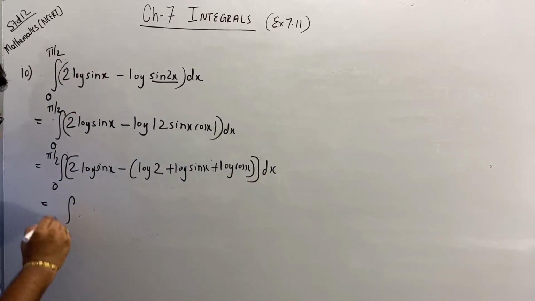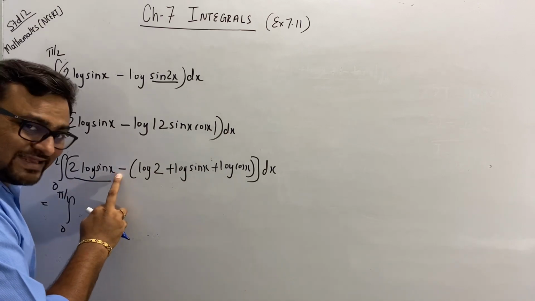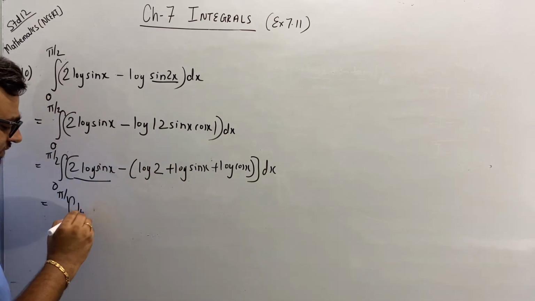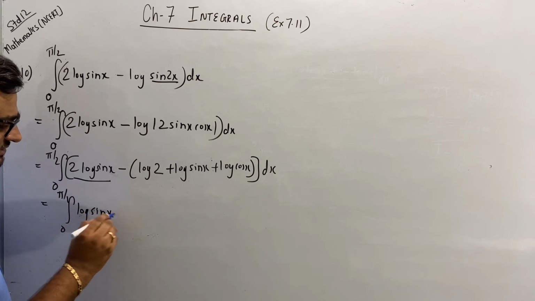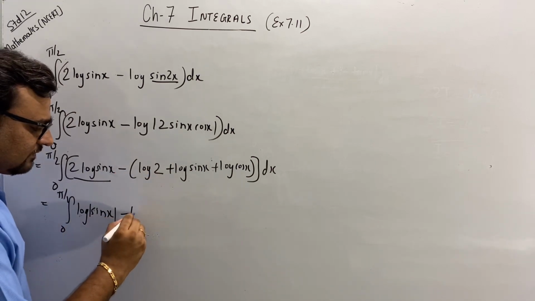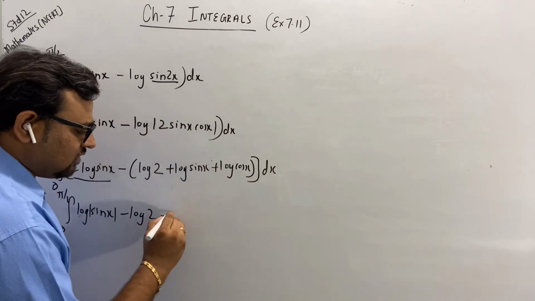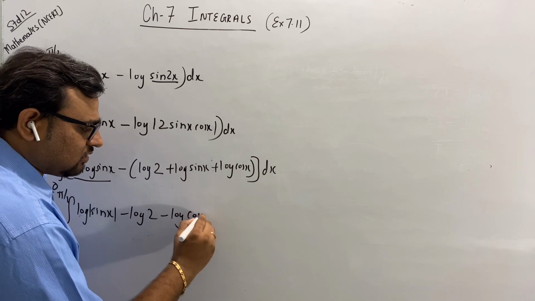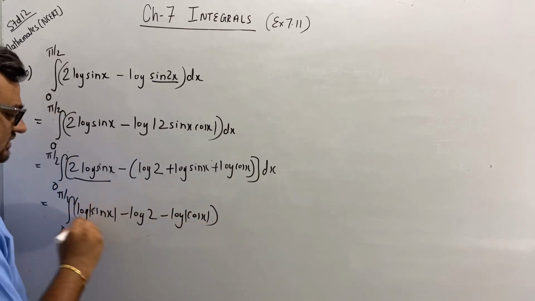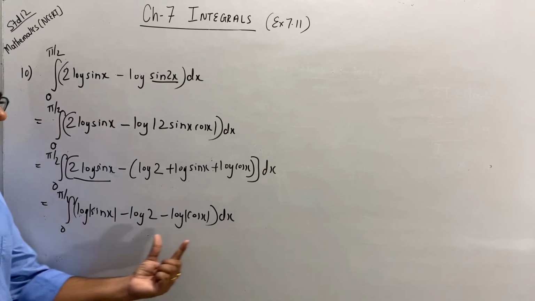So this will be equal to 2 log sin x minus log sin x, so it will be log sin x. Clear? Minus log 2. Clear? Minus log cos x dx.